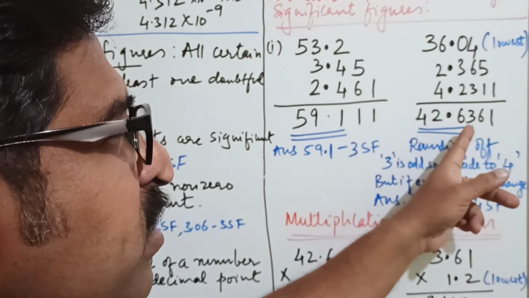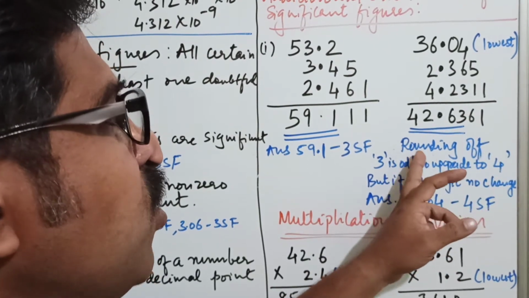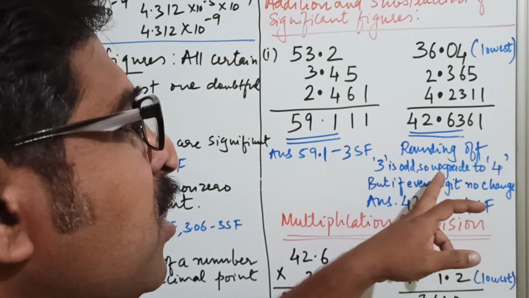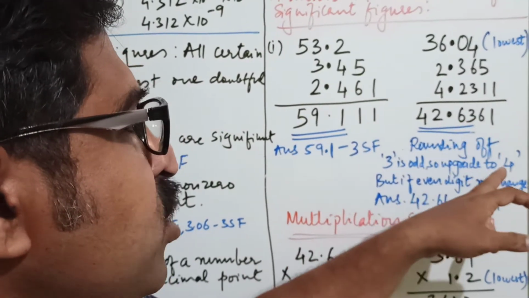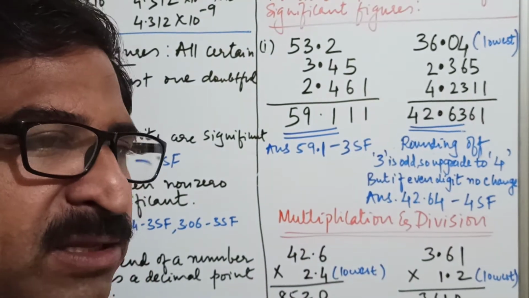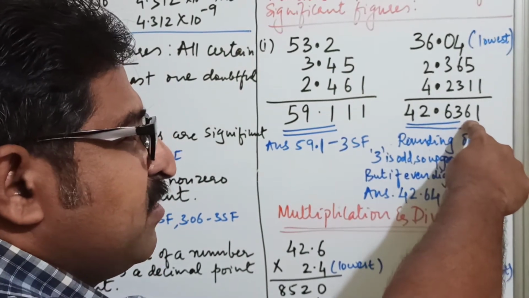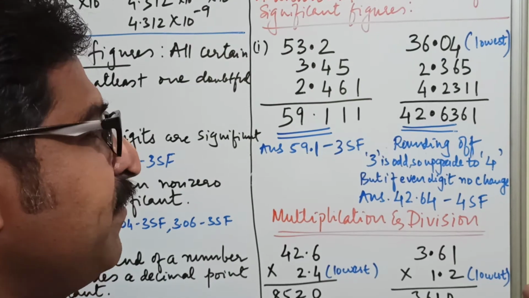Okay, 42.63 will be the answer. This 61 we are not considering. So rounding off, we have 3, which is an odd number, so we have to upgrade this 3 to 4. Why? Because the digit that follows is either 5 or more than 5. Here the value of the digit is 6, which is more than 5.